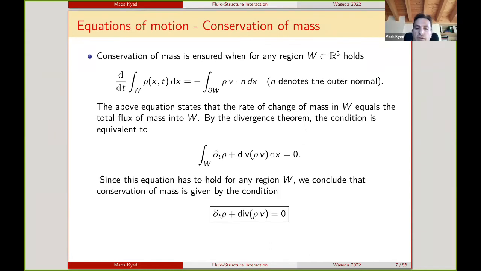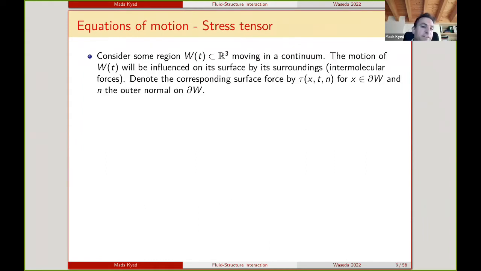Okay, so if you have mass conservation, this mass conservation has to hold for any region W of your continuum. So we conclude that the function dt rho plus divergence rho v must vanish everywhere. And this, you see, is our first equation of motion, namely mass conservation. Okay, so that's just basic continuum mechanics, really.